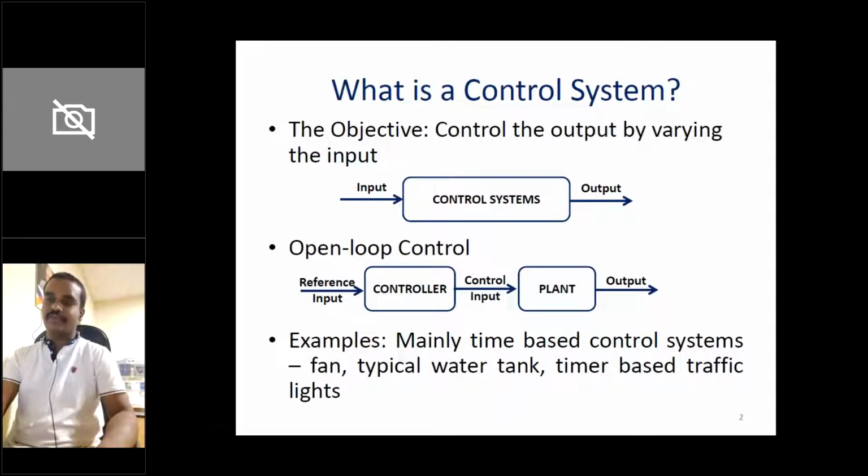However, the problem is we never know the actual level of the water tank. Is there already water in the tank, or is it overflowing? There is no such mechanism. We are not doing any kind of feedback.